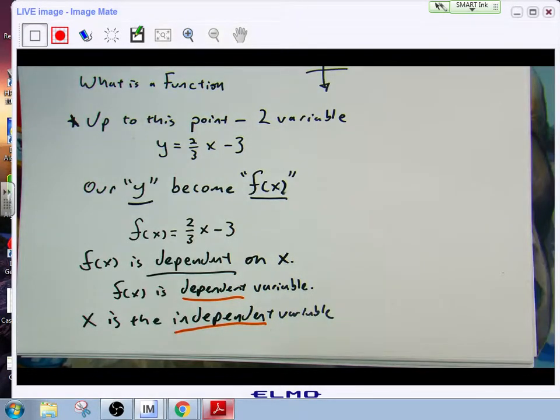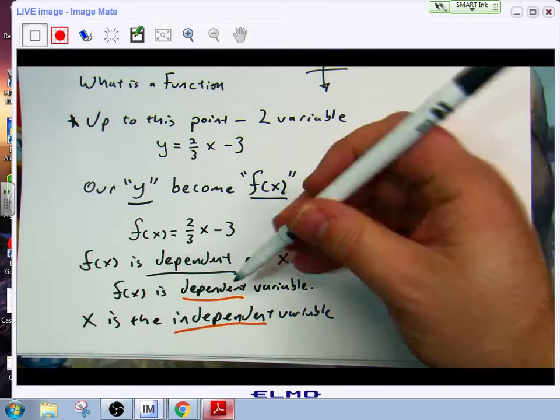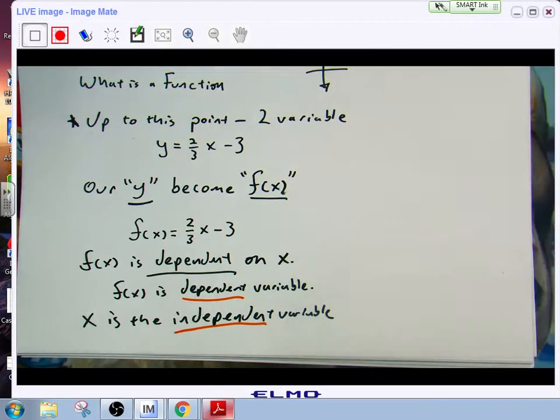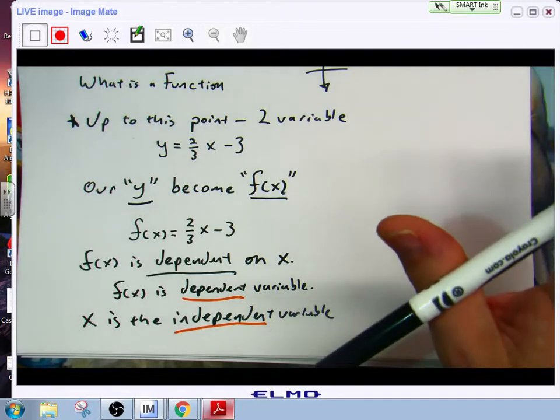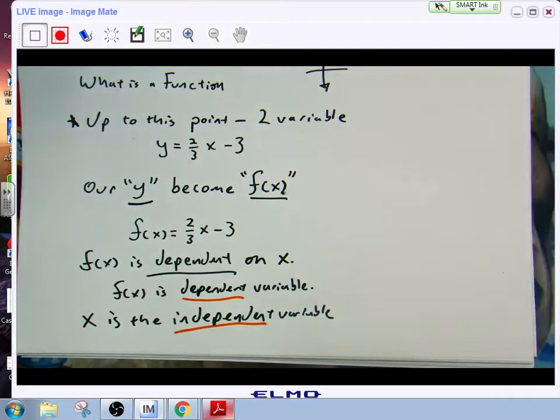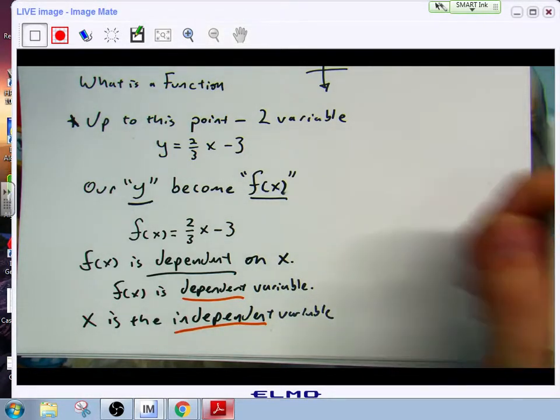It's independent and free. It has a holiday in July and throws fireworks. F of x is dependent on that, though. We can't just plug numbers in for f of x. We need to plug x into the equation to get our f of x.